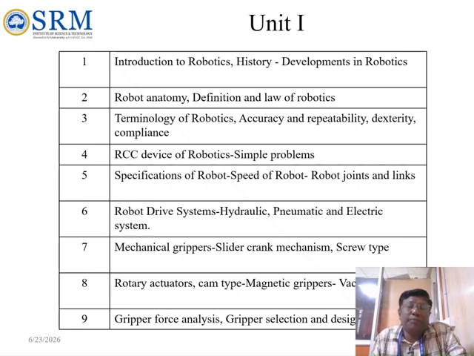Then specification of robot, speed of robot, robot joints and links, and robot drive systems: hydraulic, pneumatic and electrical systems. Then mechanical grippers, slider crank mechanism and screw type, rotary actuator, cam and magnetic grippers and vacuum grippers, and gripping force analysis and gripper selection and design.